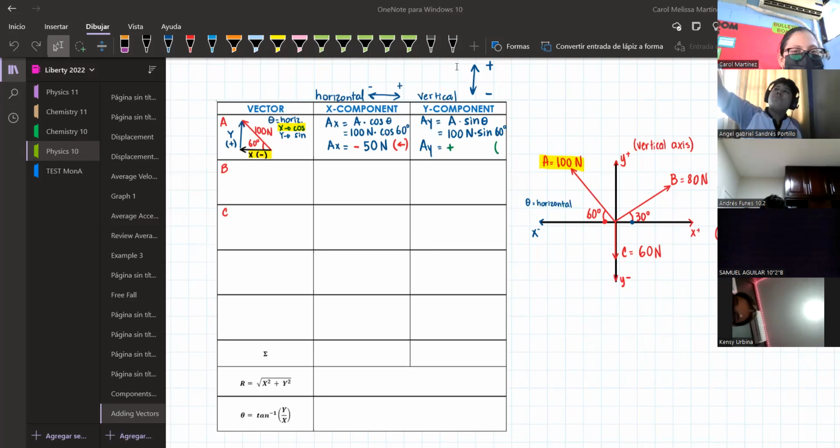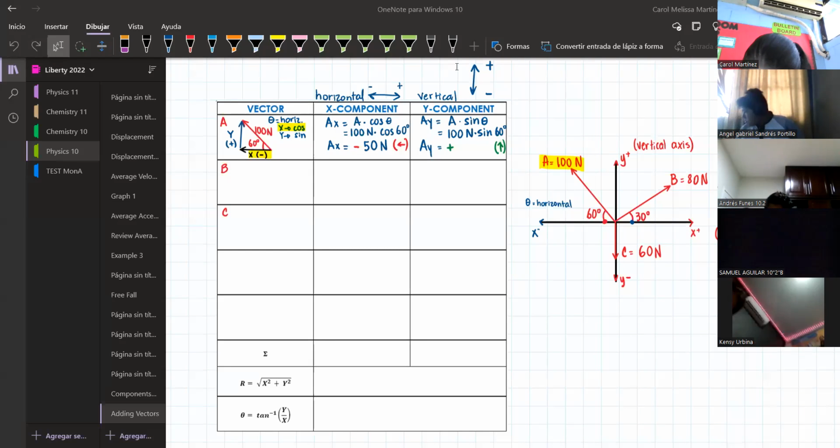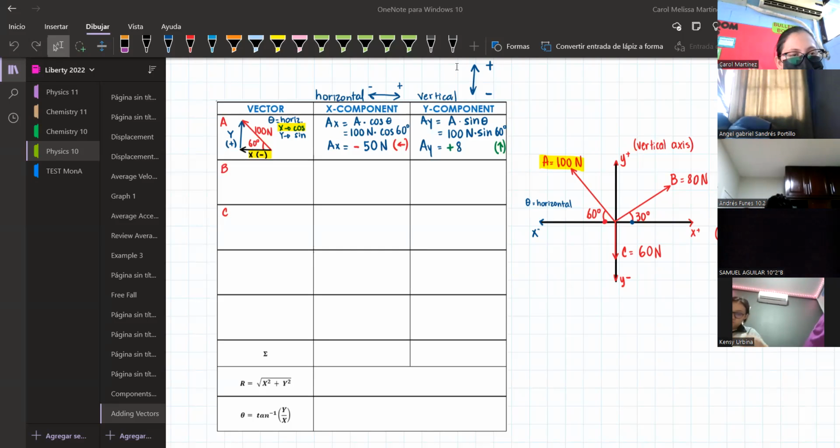We know it's positive because it's going up. You can write it in the chat. I got 86.6. Did you get the same answer as me? Oh, yes. Very good. So with this, we finished the first vector.